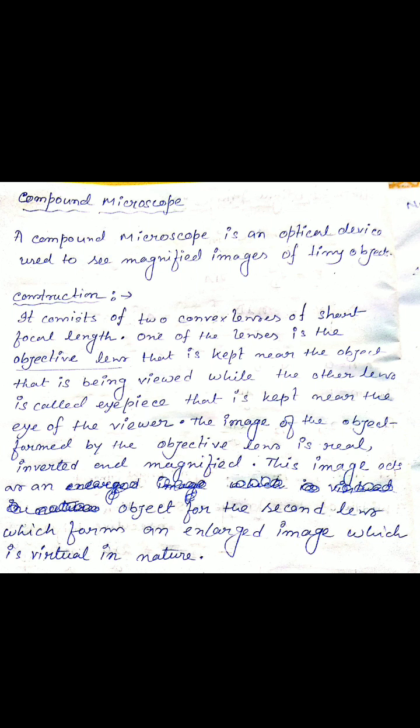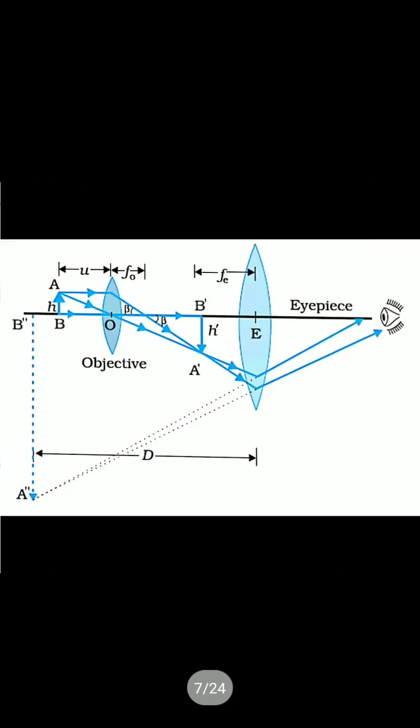The distance between the two lenses can be varied by using a rack and pinion arrangement. Here also we find the magnification expression when the image is formed at the least distance of distinct vision and at infinity.